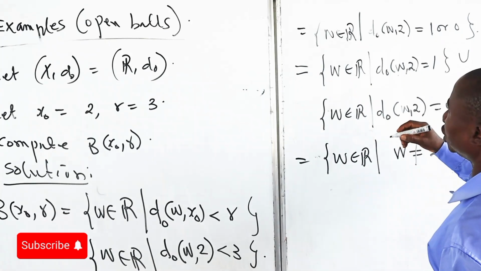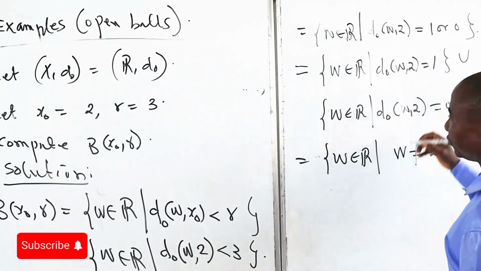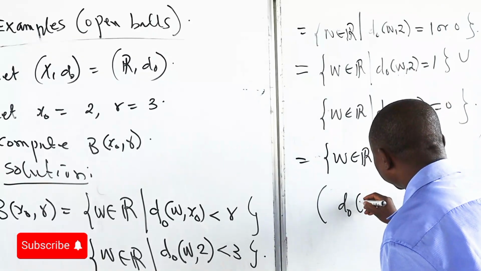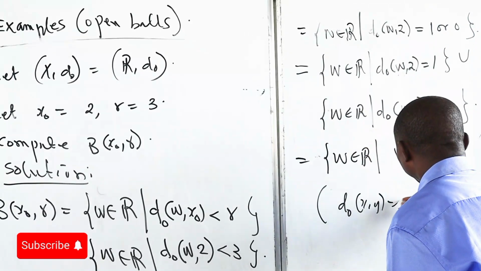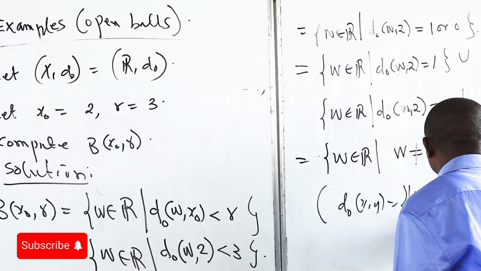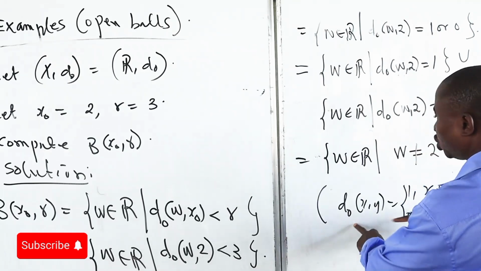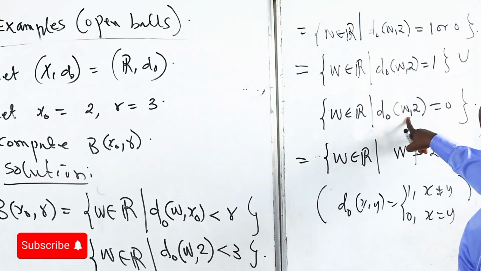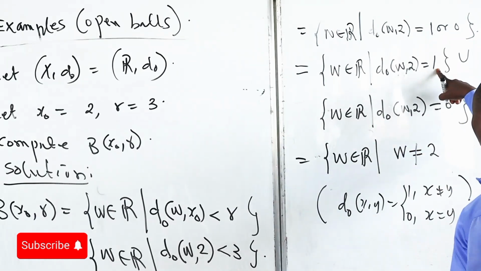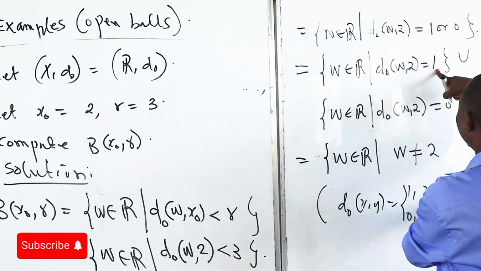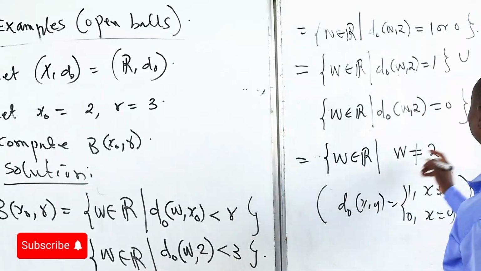Because by definition, don't forget that we define d naught of x, y to be 1 if x is different from y, and it is 0 if x is equal to y. So this is what we are using to make this judgment. And so if this is equal to 1, it means x is not y, our x is w, our y is 2, and so we can have this.